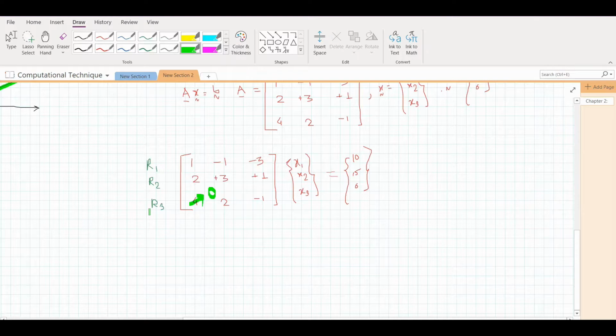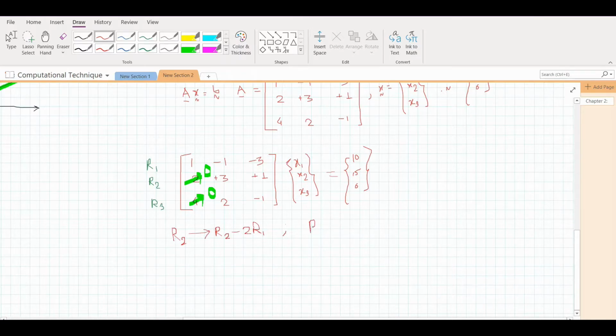So first we're going to try to make this one 0. What we can do is that if you look in R2, our new R2 can be R2 minus 2R1. So when you subtract twice of this row from this row, then it will be 2 minus 2, then you will get 0 here.